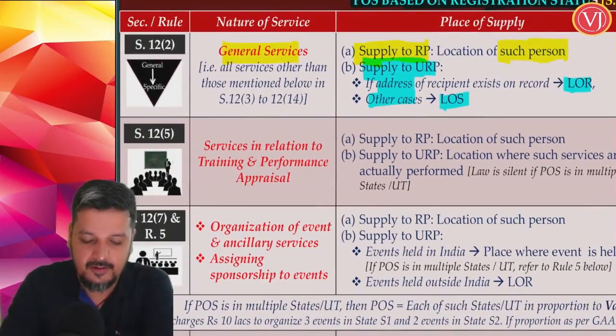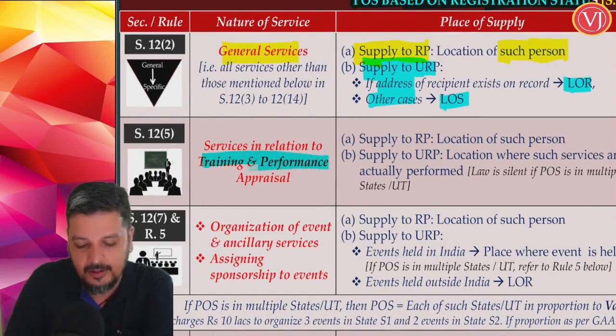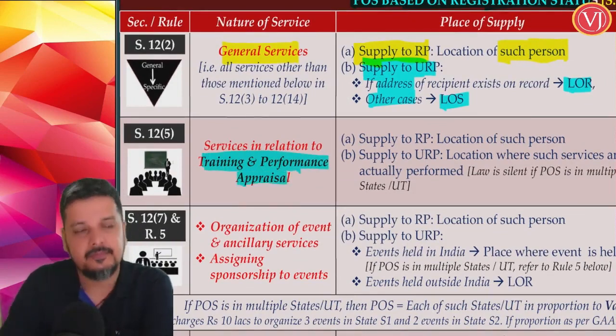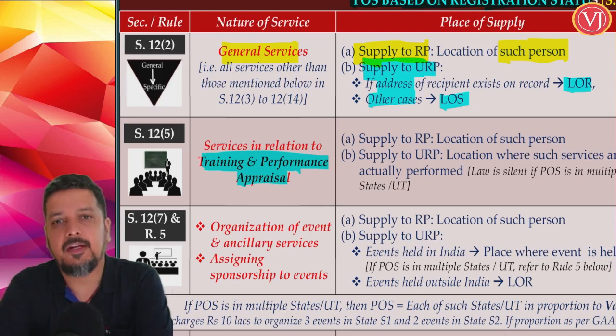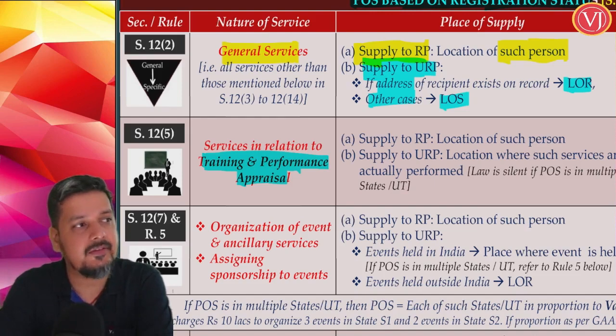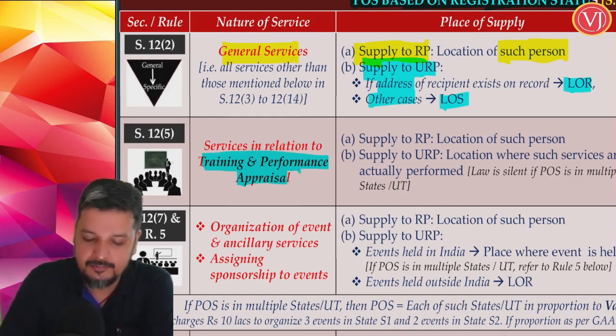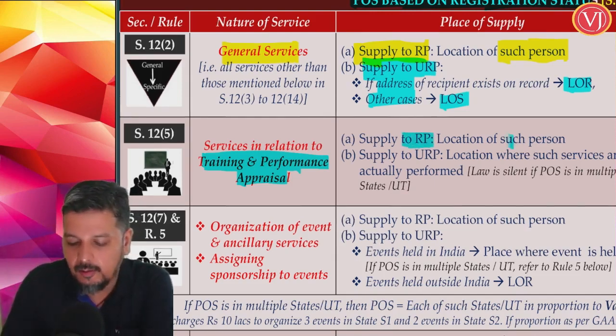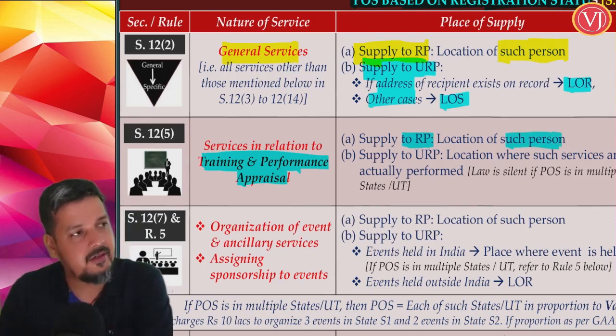What is the first special case? You're talking about service in relation to training or performance appraisal. You're talking about performance related services on individuals. Training and performance appraisal. In such a case, if it is B2B, location of registered person.